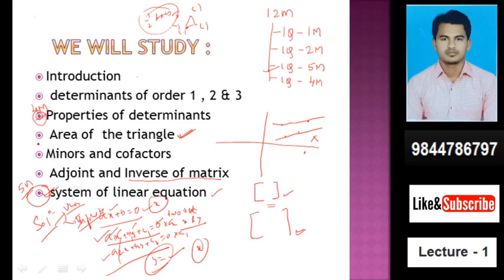For 2 marks, area of the triangle, or else calculate minors and cofactors. For adjoint and inverse, these two bits will come across in the system of linear equations. Okay.